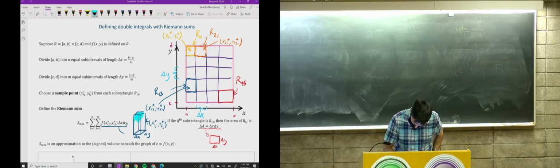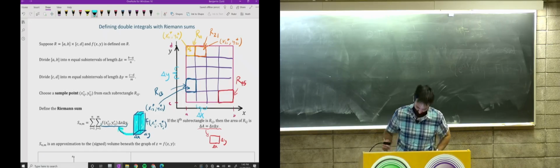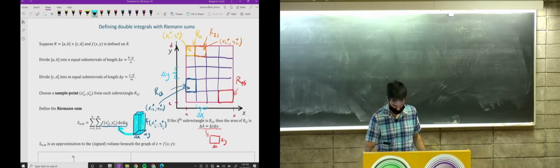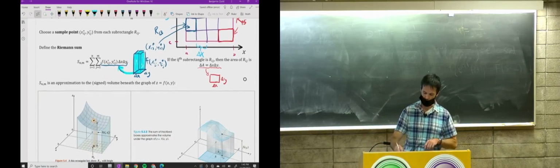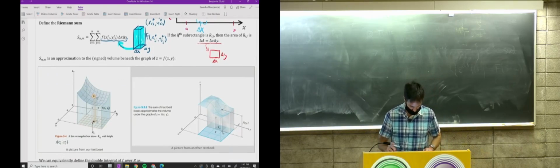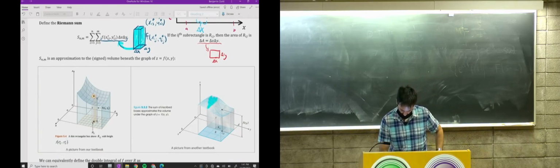All right, so the volume of this box right here is exactly what we're summing up. So when you sum over all the subrectangles, it's like you're summing up the volumes of a bunch of boxes.